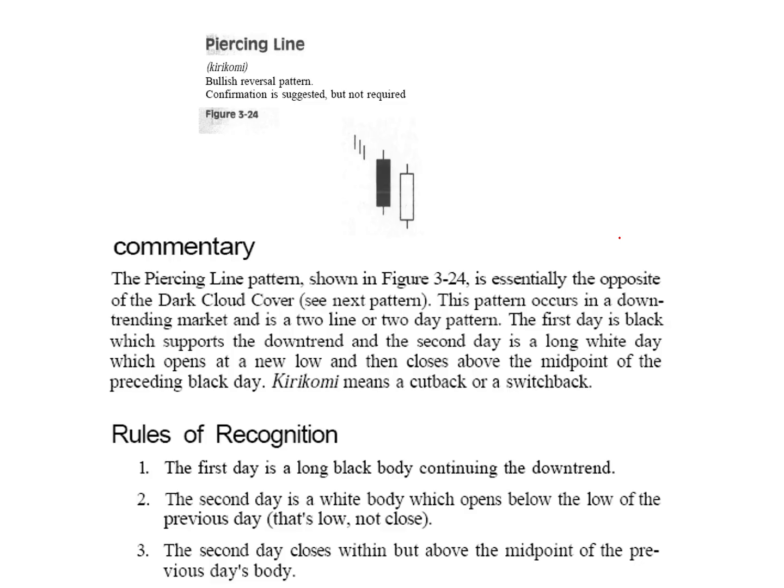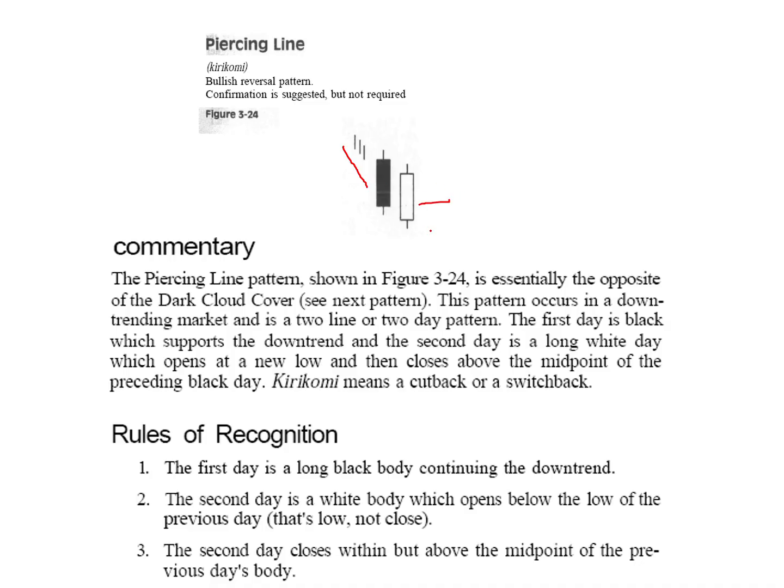The first day is black, which supports the downtrend. Here we can see the previous trend was down, and the first candlestick is black, which supports the downtrend, and the second day is a long white day.